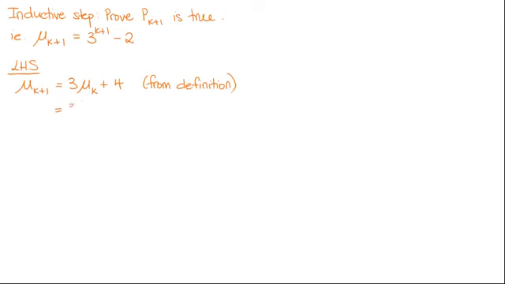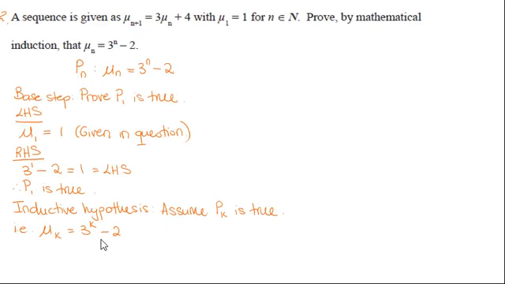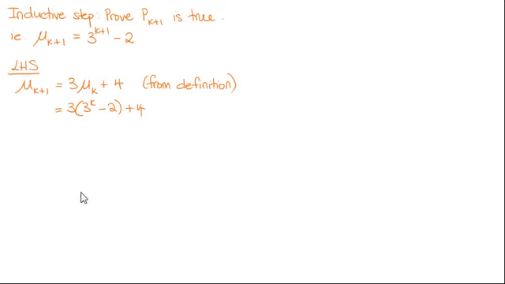So this is 3 times 3 to the k minus 2. So I'm replacing mu k with 3 to the k minus 2. Because I assumed in my second step that mu k equals 3 to the k minus 2 is true. So we're going to be taking that, plugging it there. And remember, 3 written as just 3 means 3 to the 1.